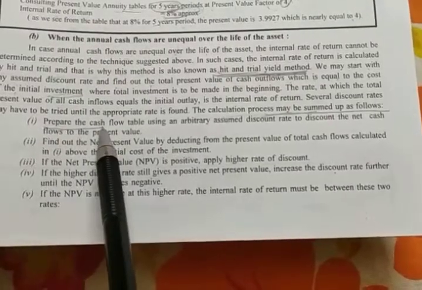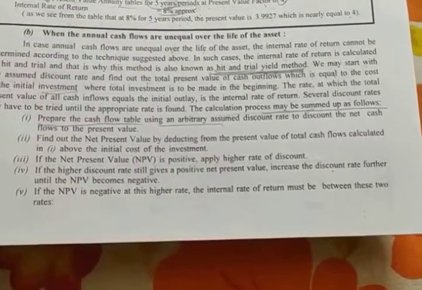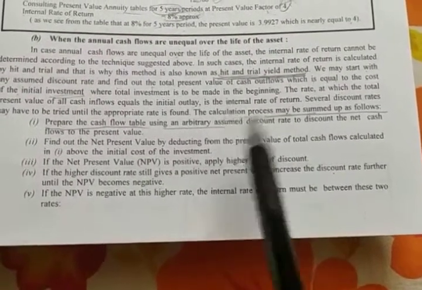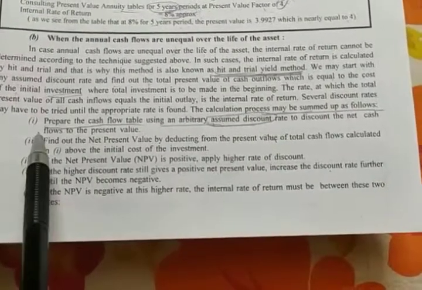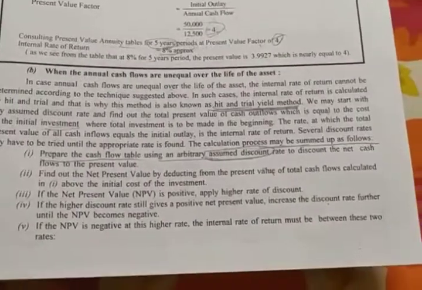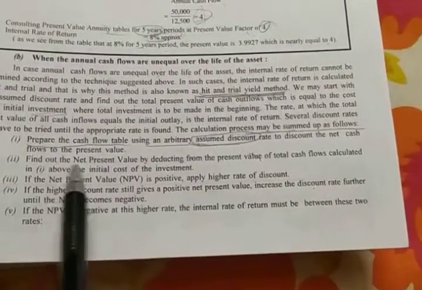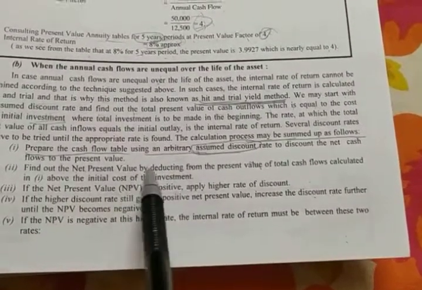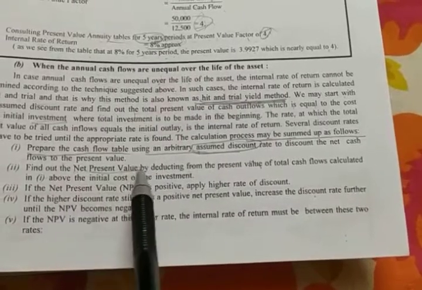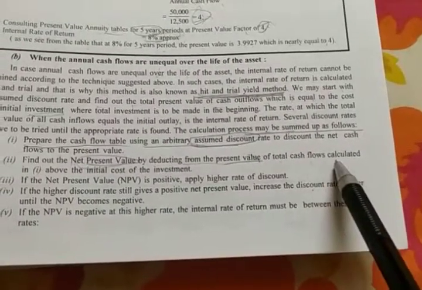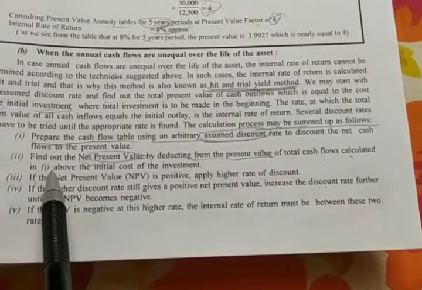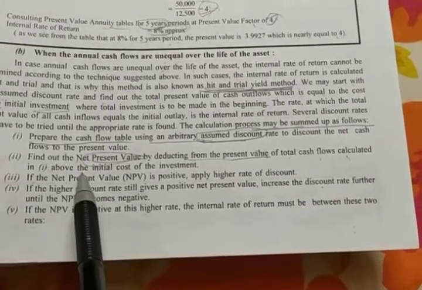Prepare the cash flow table using the arbitrary assumed discount rate. So first we are going to take any kind of assumed discount rate, and on that we are going to prepare the cash flow table. The second one is we need to find out the net present value by deducting the initial cost of the investment from the present value of total cash flows calculated above.